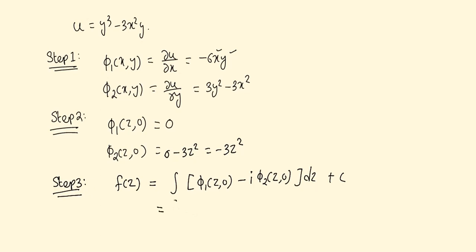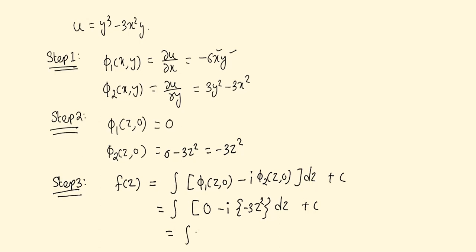Putting the values of phi1 and phi2: 0 minus i into minus 3z square dz plus constant.